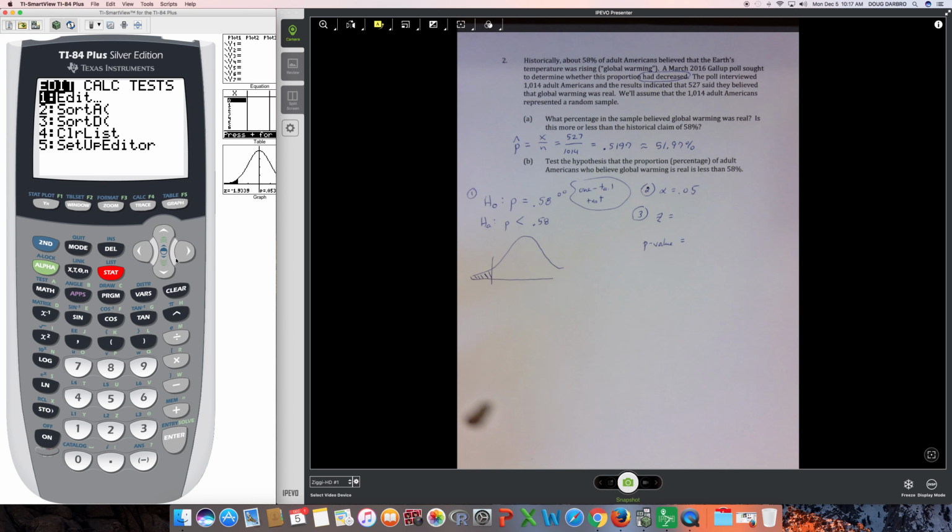So I'm going to go stat, go to test, go down to number 5. So I'm claiming 0.58 in the population. So again, that's my population parameter. I have 527 out of my sample that believe in global warming, and my sample is 1,014.